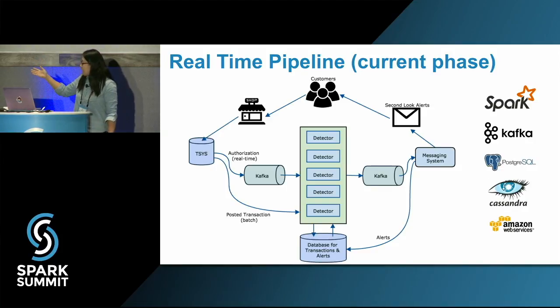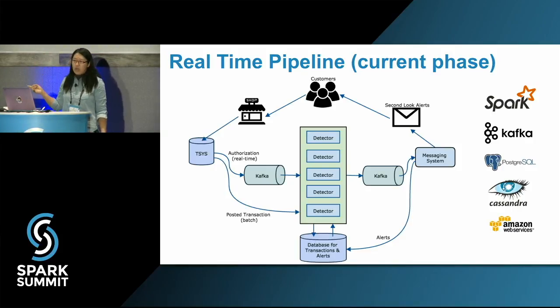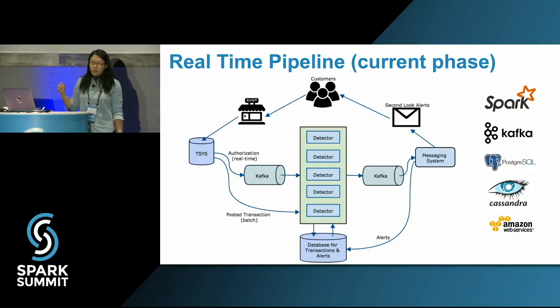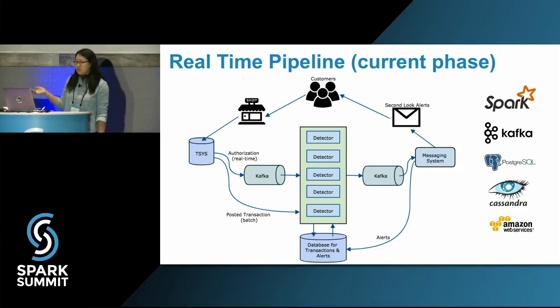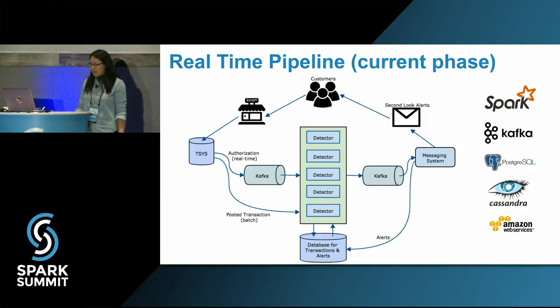Once the alert is generated, it will go to another Kafka, which sends the alert to our messaging system. Right before the messaging system sends the alert, it will push the alert back as a backup to our database again. And the alert will eventually be received by the customer.